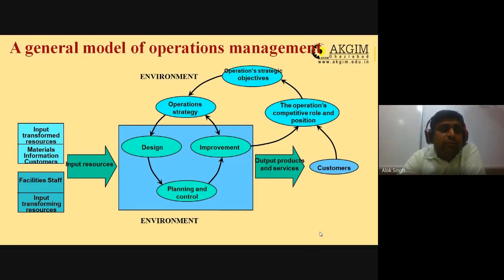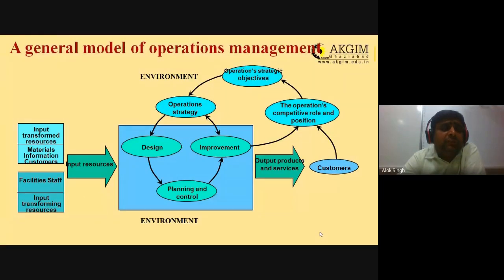The next transformed resource example is customers' information. What is customers' information? Before developing a product or service, you first conduct market research. By conducting market research, you assess information about the customer: what the customer wants or needs, what the requirement is, how you can satisfy the customer.